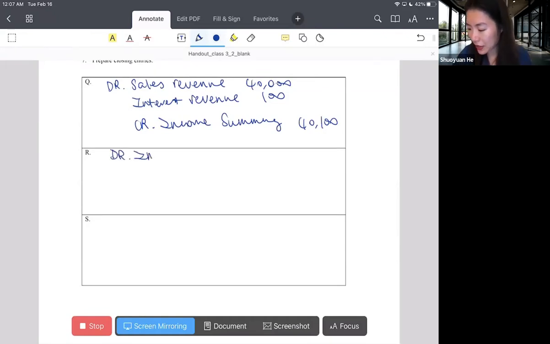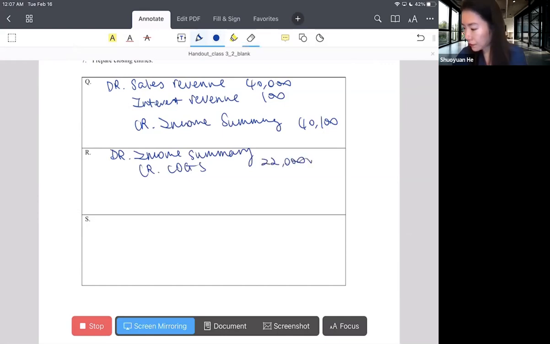And then we need to close out all of the expense accounts to income summary. So we debit income summary and credit cost of goods sold for 22,000. Credit salary expense for 7,000. Credit utilities expense for 2,000.